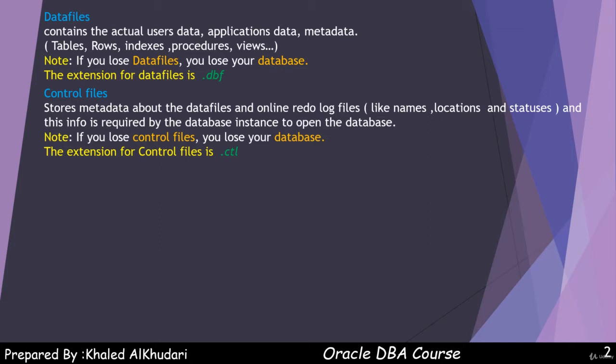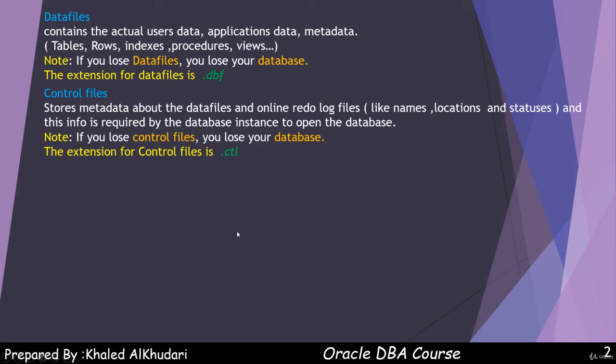The second type is called control files. The control files store metadata about the data files and online redo log files. What is the meaning of metadata about the data files? It contains information about the data files and also the online redo log files, like the name, the locations of these database files, the statuses, and this information is required by the database instance in order to open the database.